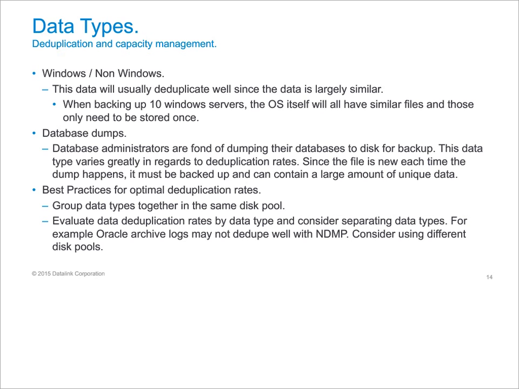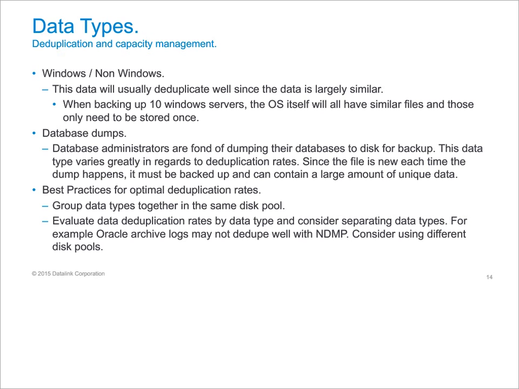Evaluate your data deduplication rates by type and consider separating certain types of data from each other. For example, Oracle archive logs may not dedupe well with NDMP data if they are using the same disk pool. With deduplication technology, we're using unique segments of data, and NDMP and Oracle data are different structured types of data, so they will not deduplicate well against each other.